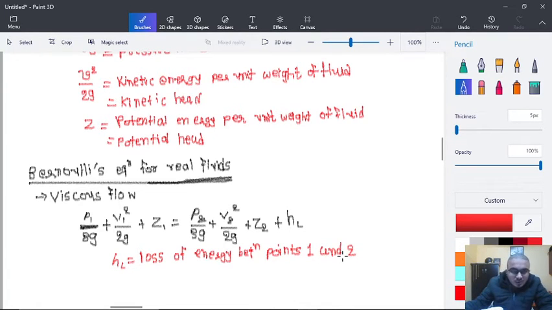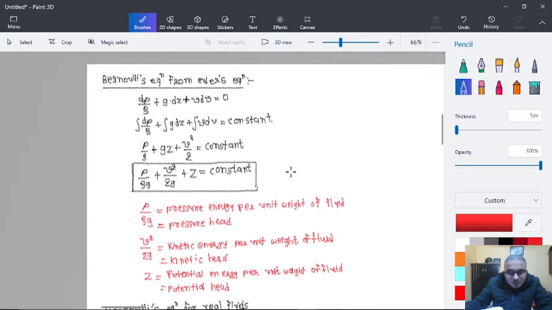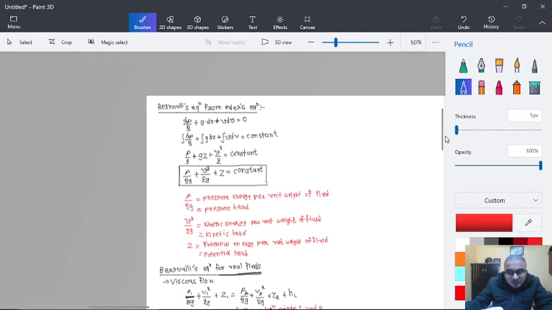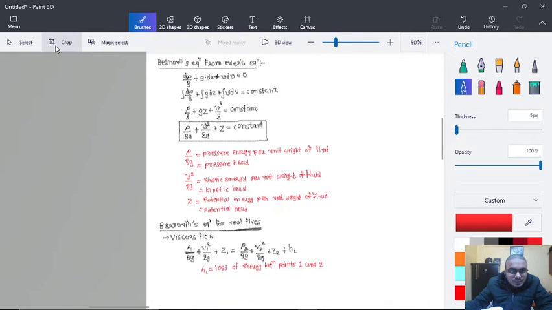So this is the Bernoulli's equation for real fluid. So we are done with this too, and let's copy this into our main slides.